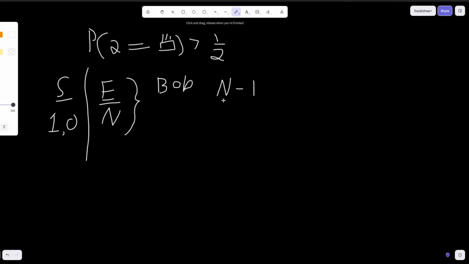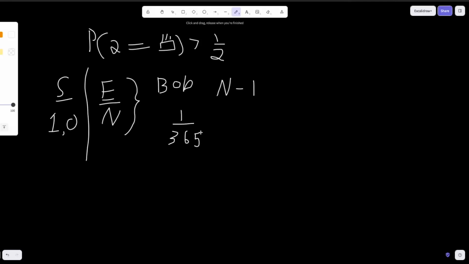So I'm looking at Bob, and I want to see the probability that Bob shares a birthday with, say, the person right after Bob, and we'll call that person Bob plus 1. The probability that Bob shares a birthday with Bob plus 1 is equal to 1 over 365.